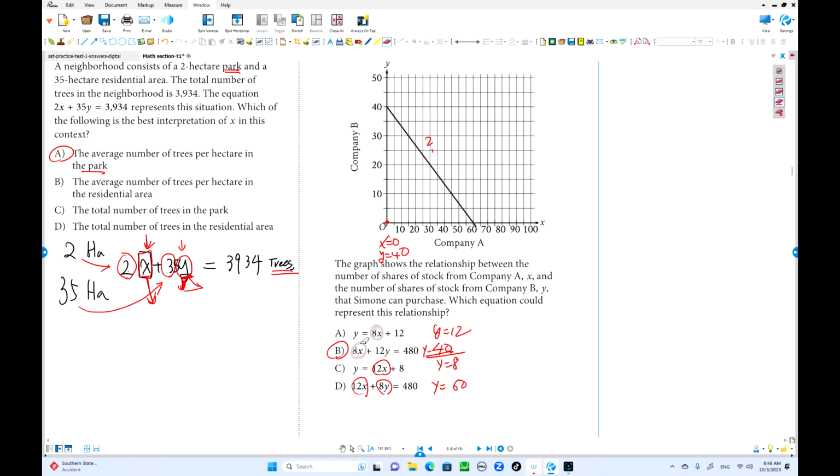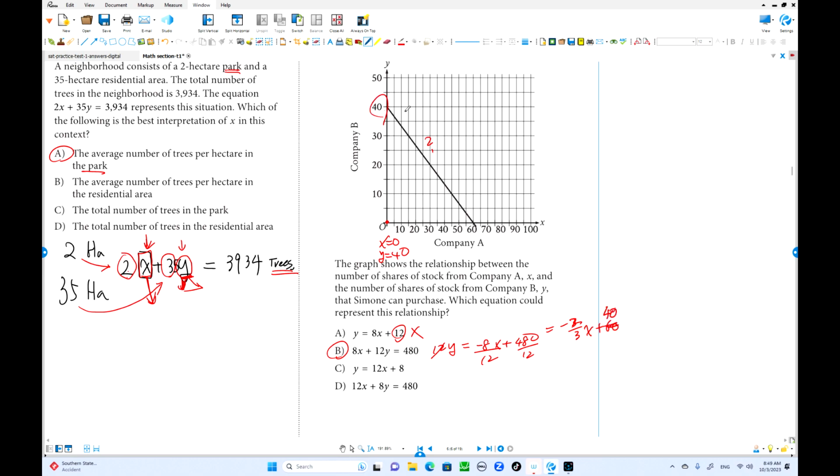Or you can check each equation. 8x plus 12, the y-intercept is 12, no, the y-intercept should be 40. This one is 12y equals negative 8x plus 480, divided by 12. It looks like negative 2 over 3 x plus 40, right?